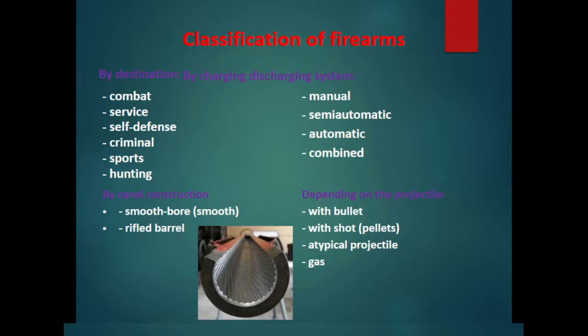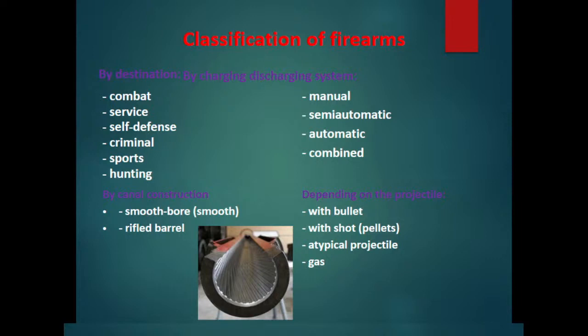Sport weapon is a weapon used for sporting competitions, with a very special design. Hunting weapon is a weapon designed to hunt different animals, and depending on the animals they are used to hunt, they could have very different features and peculiarities.